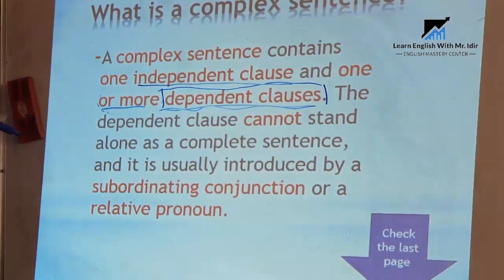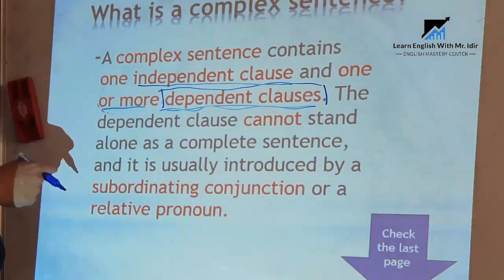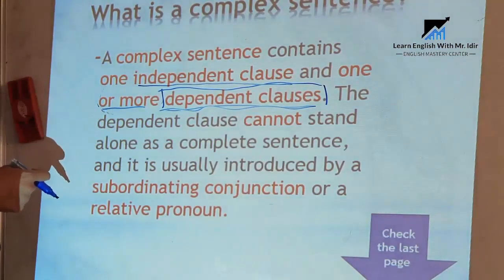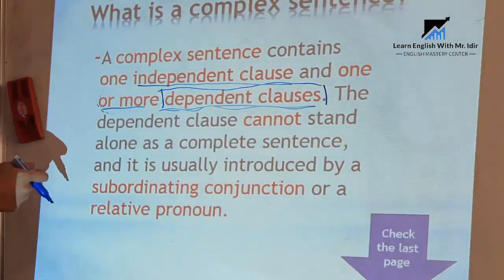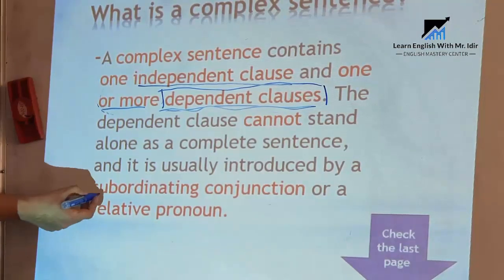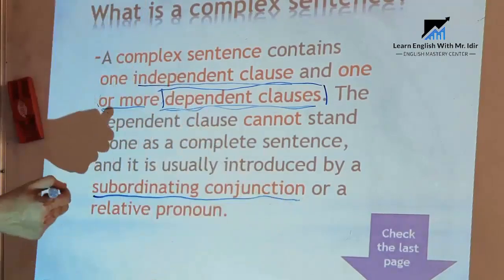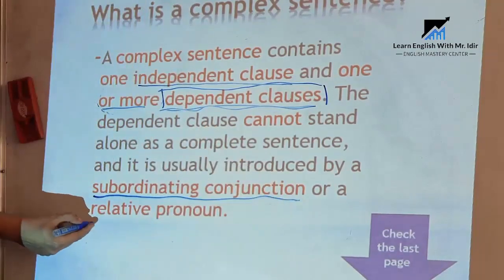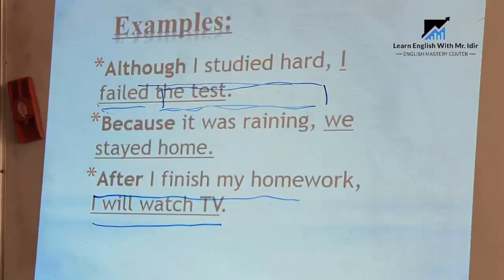The dependent clause cannot stand alone as a complete sentence, of course, because it does not have meaning. It is usually introduced by a subordinating conjunction. We'll see some subordinating conjunctions later. So let's observe these examples.